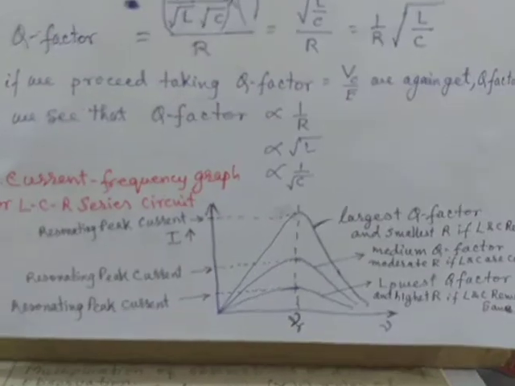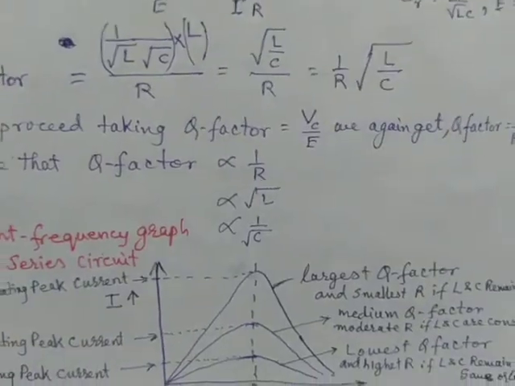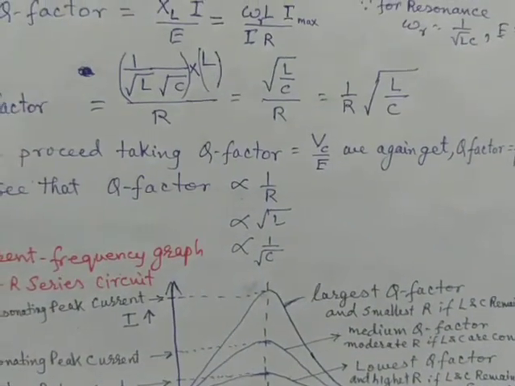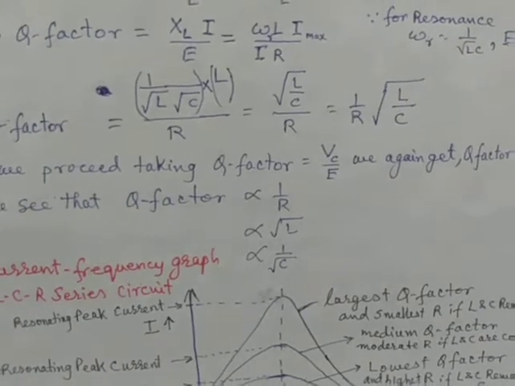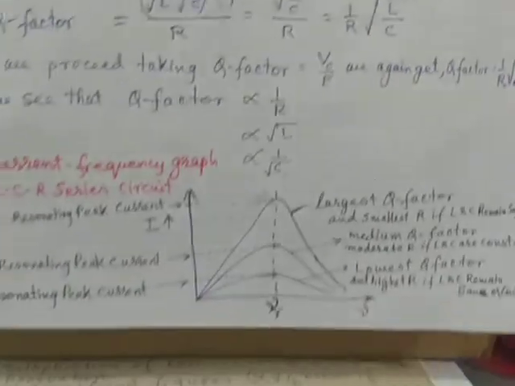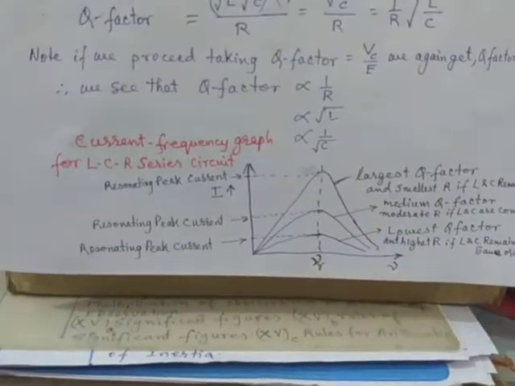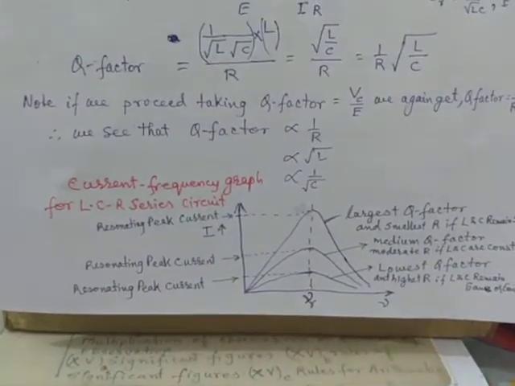And Q factor can overall be seen as inversely proportional to R, directly proportional to under root L, and inversely proportional to under root C. So these three factors will dictate the variation in Q factor.